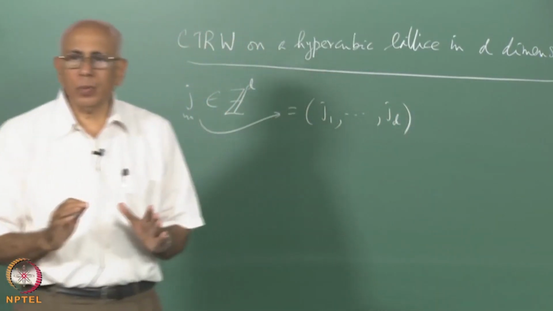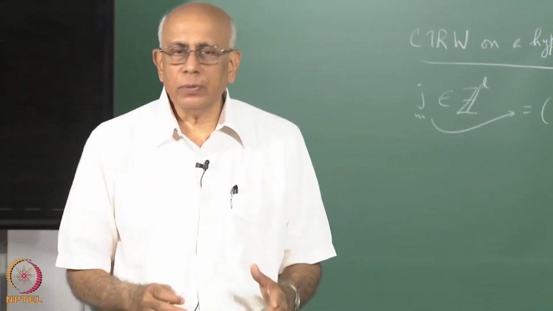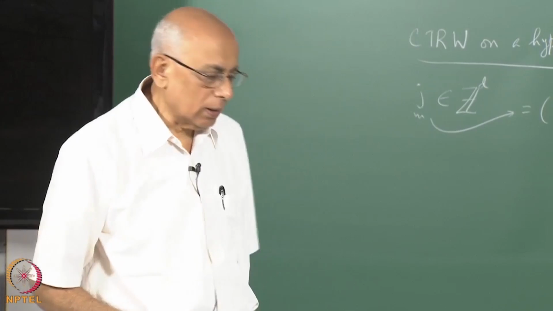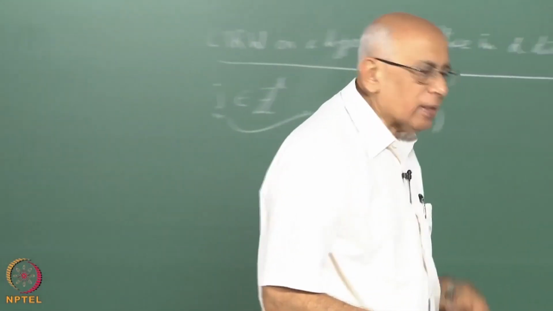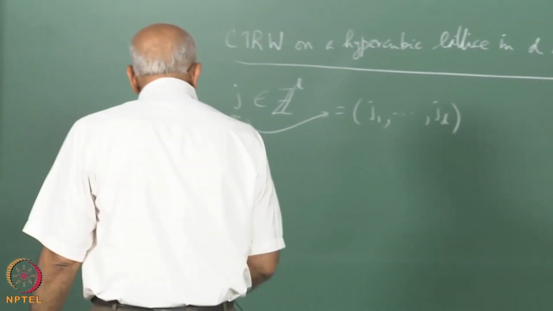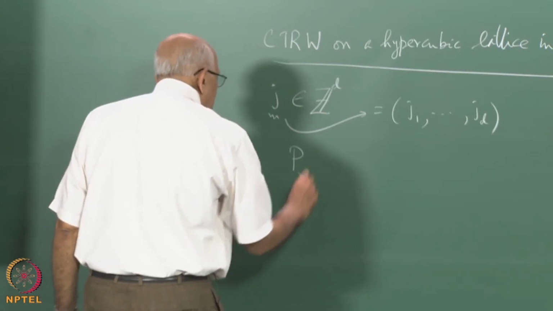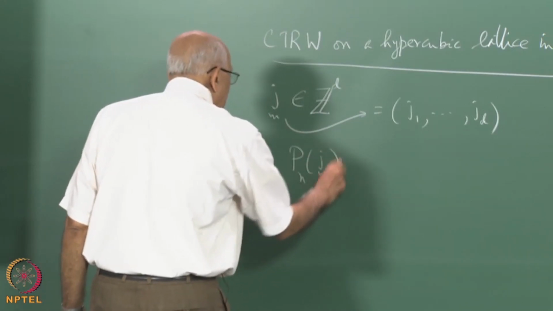Okay. So that is a lattice point, and we are going to look at walks which, by translation invariance, we start at the origin in this d dimensional lattice and we take steps in time. Now the first thing is we ask what is the probability of being at the site j at time n.